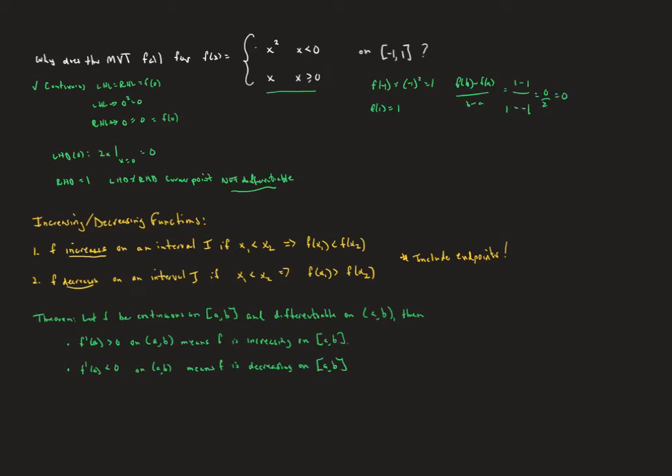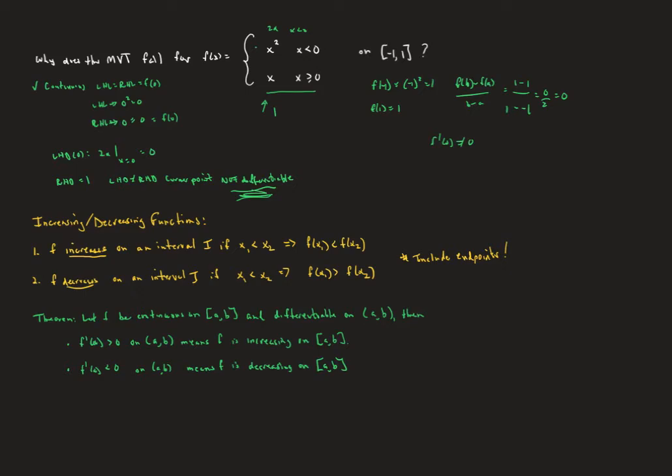And you can see that our derivative is 2x, but that's only for x less than 0, and our derivative on this branch is always 1. The derivative f prime of x is not equal to 0 anywhere. But we know that we're not held to that result because we failed to satisfy the conditions of the mean value theorem.